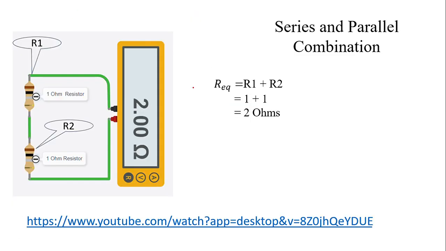Now, to find the equivalent resistance, we use R equivalent is equal to R1 plus R2. This resistor is in series with this resistor, so the equivalent value is 1 plus 1, that is 2 ohms. We simply add them.